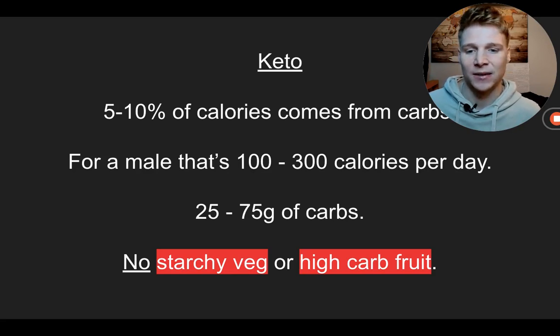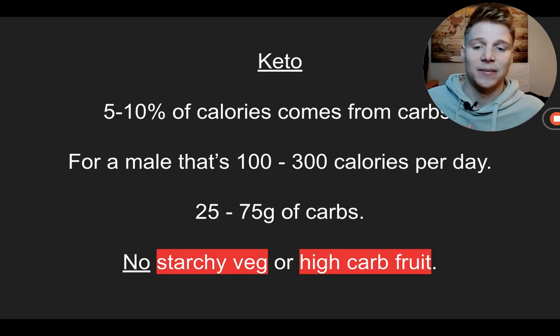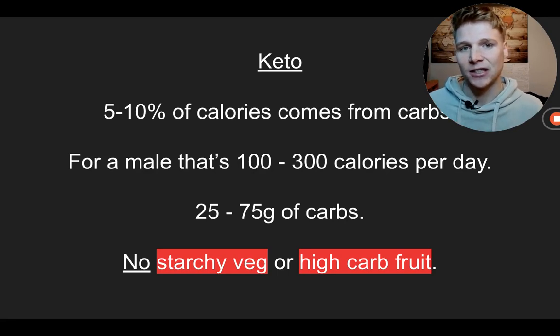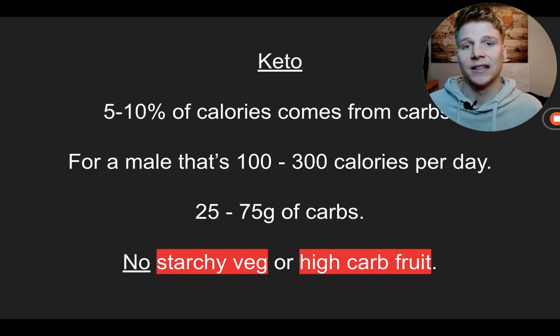So that's around 25 to 75 grams of carbs. And on keto, it's recommended to avoid starchy veg, but non-starchy veg is allowed. And I'll go through which vegetables fall into which category later. And again, same as the Atkins, no high carb fruit.